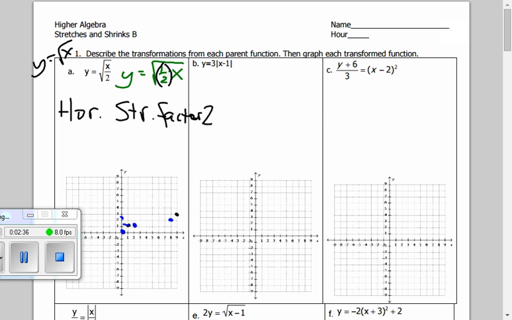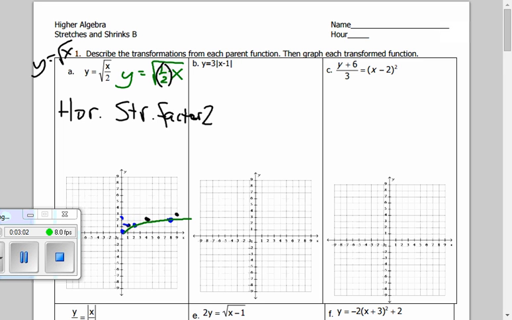What I just did there is took this black point that was at 4, 2, and I moved it over twice as wide. And this blue point here came from this black point here. Now I'm going to connect it all with a green line and connect my blue dots. And it got stretched wider. You got to think of it this way.